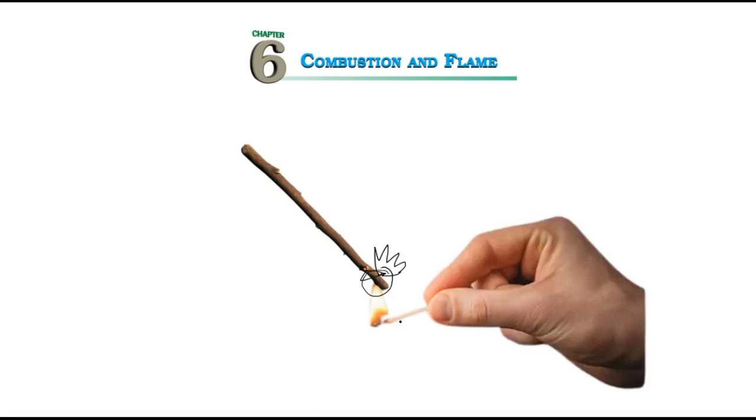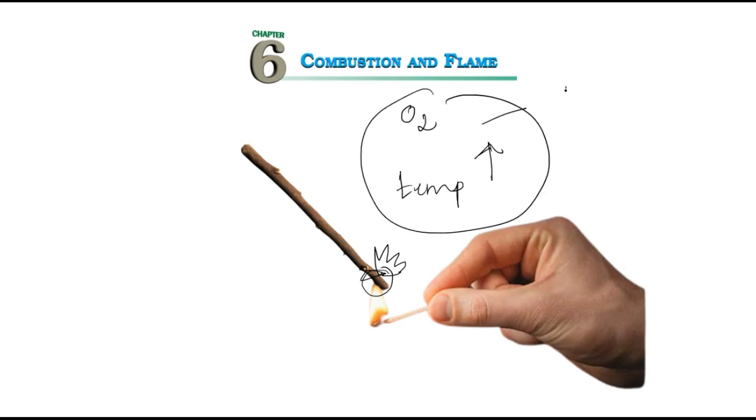In the same way, if you try to burn a wooden stick with the help of a fire, for some time it takes the heat and the temperature will rise. After that, it combines with oxygen and then it burns. Right? So we should remember that there are two things we require: one is oxygen and second is temperature.